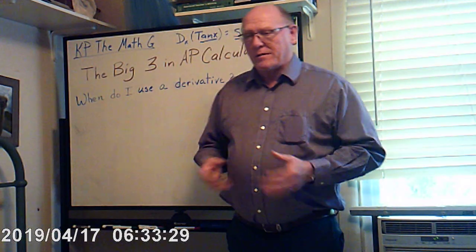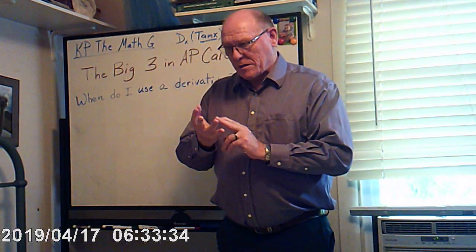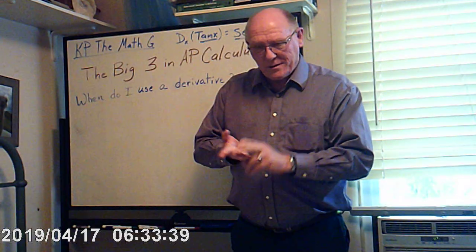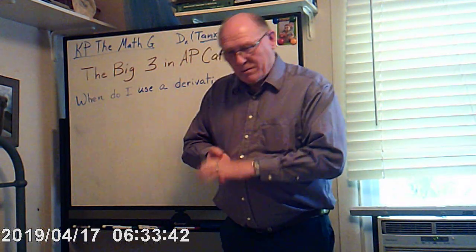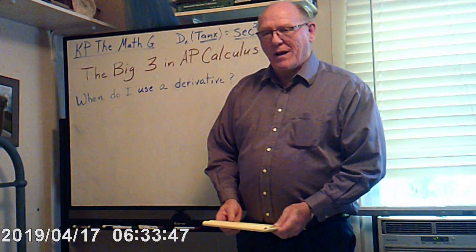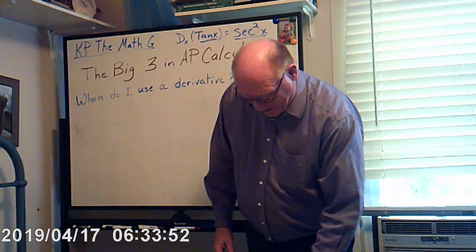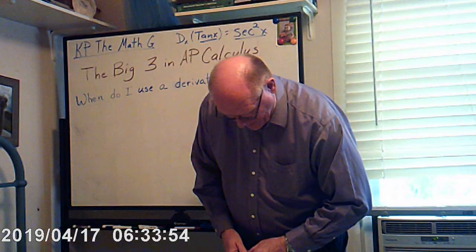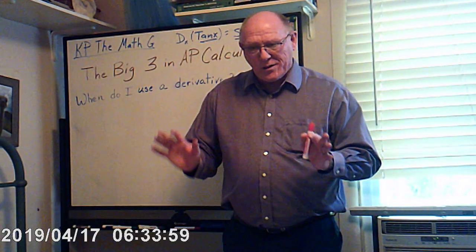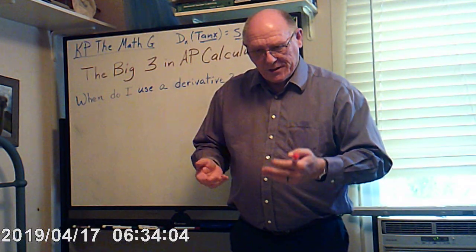We've been talking about the types of derivatives. There's the power rule, the product rule, the quotient rule, and the chain rule. We've gone through all of those. Now, when do I know that I use them? I need to realize that I'm using the derivative when I'm trying to determine a rate of change.